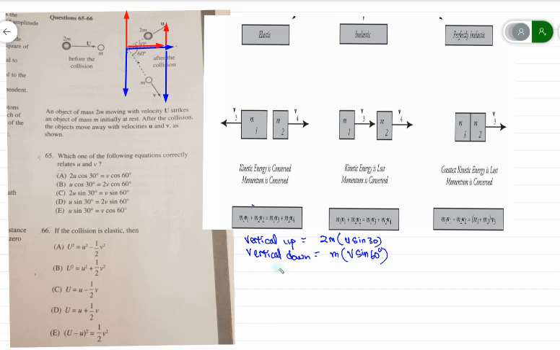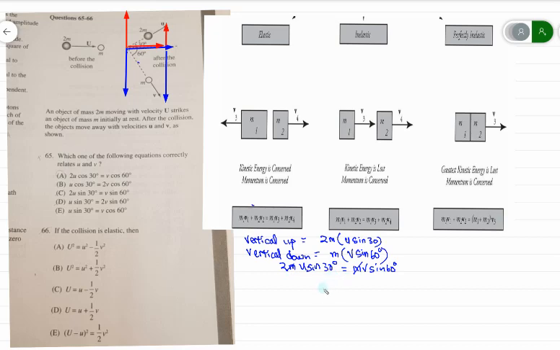So what we can do is put them together. They have to be equal: 2m u sine 30 equals m v sine 60. Cancel off the m.